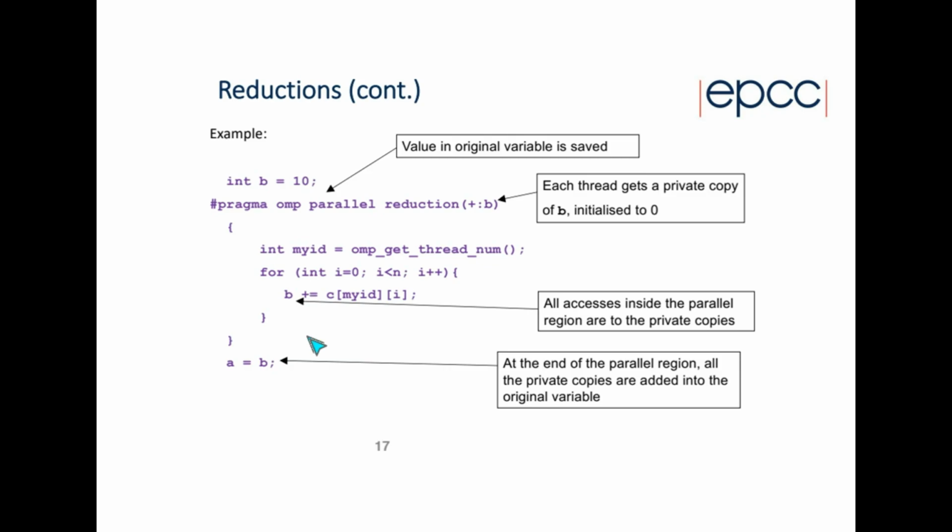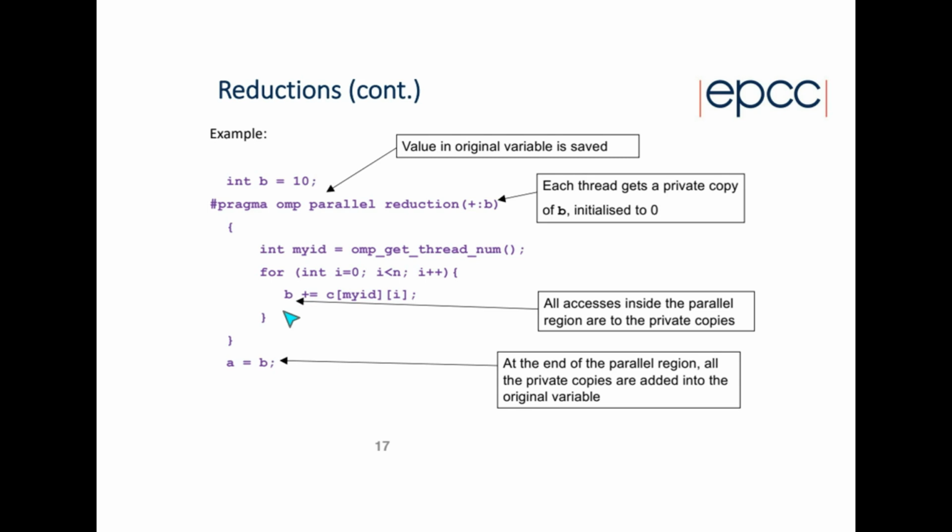But at the end, all the private copies are added back into the original variable. After the parallel region ends, b will contain the value 10 plus the sum of the values of all the private copies on every thread.